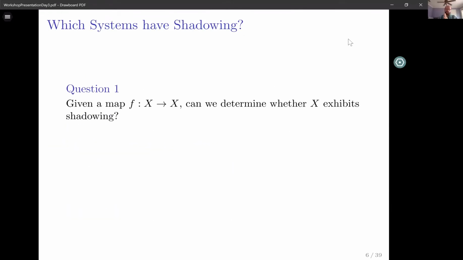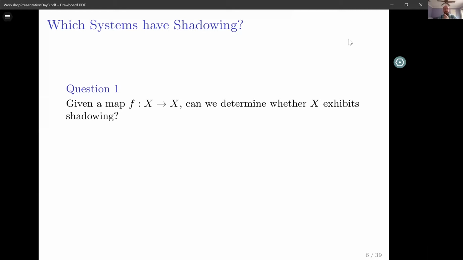So to the topic at hand today. There are 2 big questions we'd love to be able to answer regarding shadowing. The first is, given a map from a space X to itself, can we determine whether that map exhibits shadowing? The answer is yes, sort of, kind of, under appropriate circumstances. That is a difficult question. We have complete characterizations thanks to the theorem of Walters for X being a shift space, or subshift rather.